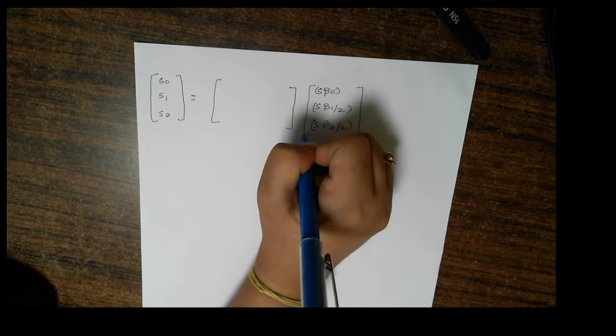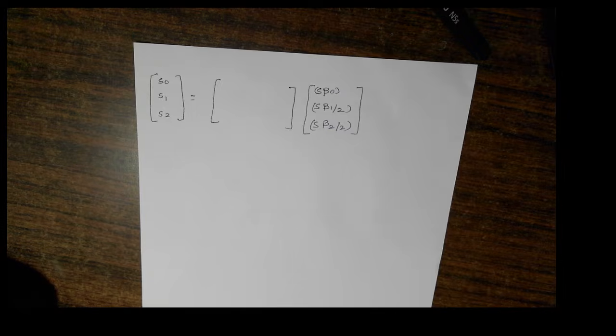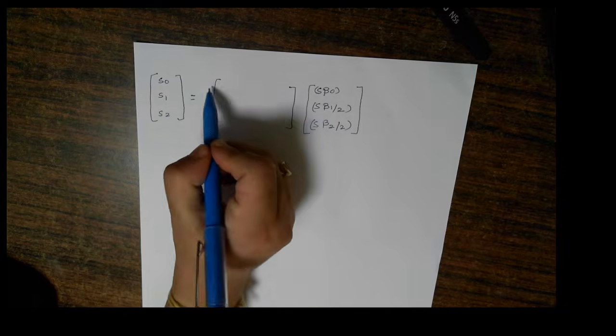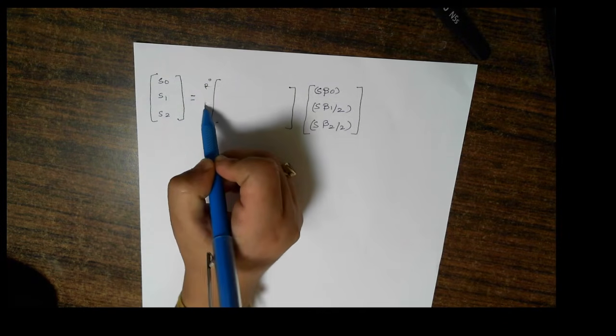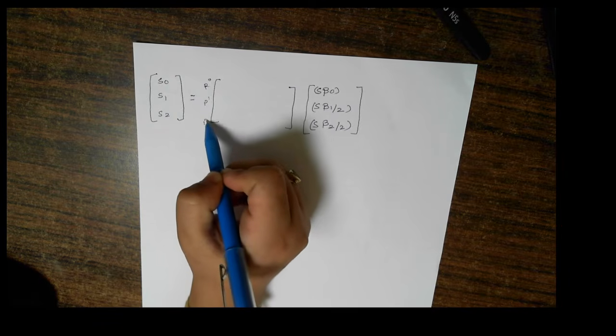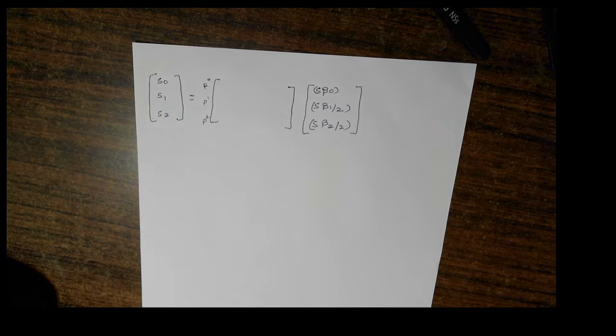Now, how to solve this matrix? In the previous equation, we had seen this first row stands for p to the power 0. Second row stands for p to the power 1 and third row stands for p to the power 2. Now see, in the multiplication term of s beta 0, we have 1 over there, that is p0 coefficient is 1.